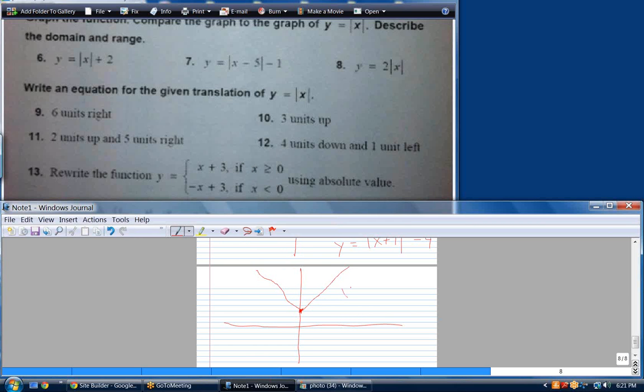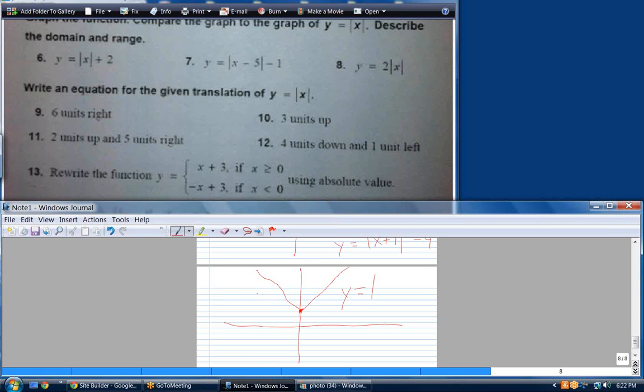How can I write that? Y is equal to the absolute value, how? How does that compare to the parent function? Wouldn't it be the same just inside absolute value? No, this has been moved.